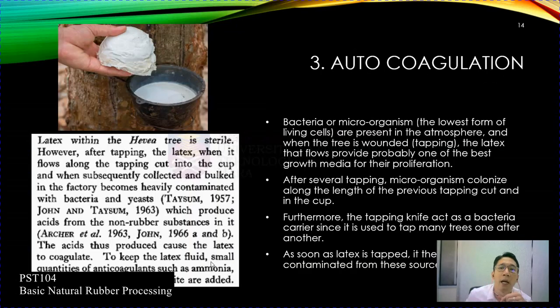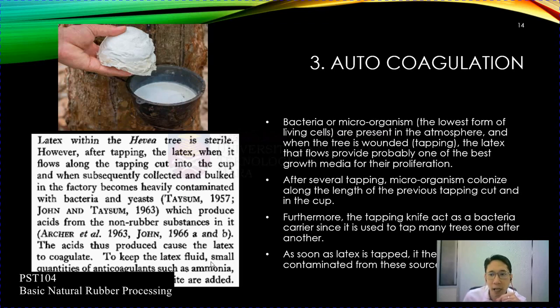Bacteria or microorganisms, the lowest form of living cell, are present in the atmosphere, and when the tree is wounded during the tapping process, the latex that flows provides probably one of the best growth media for proliferation. After several tappings, microorganisms colonize along the length of the previous tapping cut and in the cups.